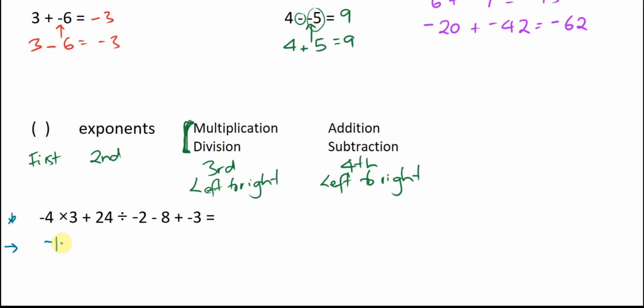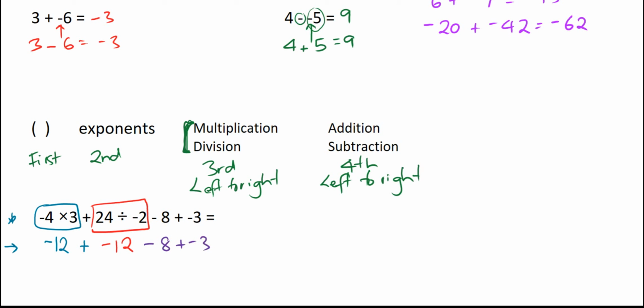So I get negative 12 plus, so I don't need to do my addition yet, 24 divided by negative 2. So that sum there is what you need to do. So 24 divided by negative 2 is negative 12. Then I've got minus 8 plus negative 3.